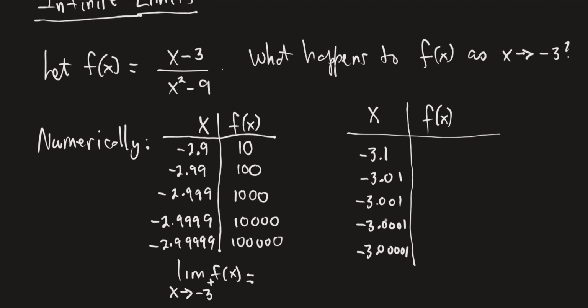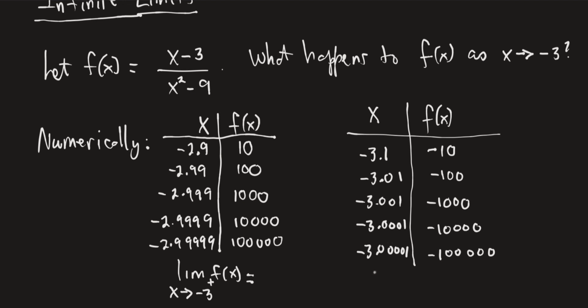It turns out if you evaluate this function at x equals negative 3.1, you get negative 10. At negative 3.01, you get negative 100. The same pattern of multiplying by a factor of 10 with each additional zero after the decimal point occurs. So negative 10,000, and then negative 100,000.